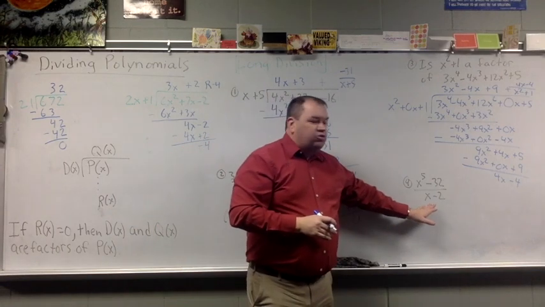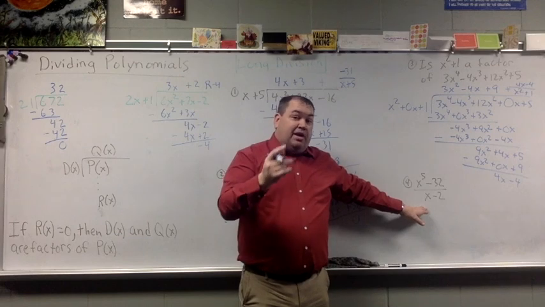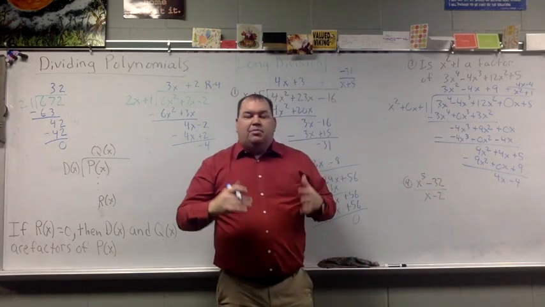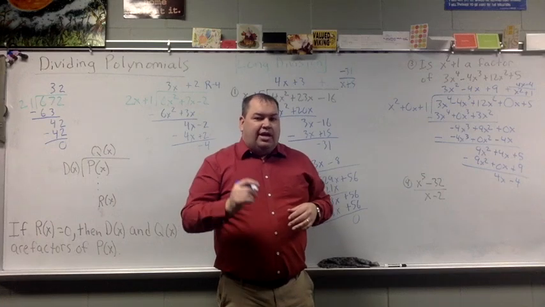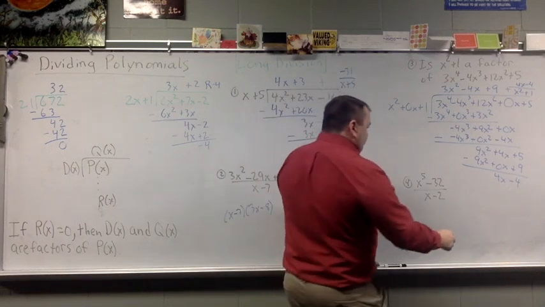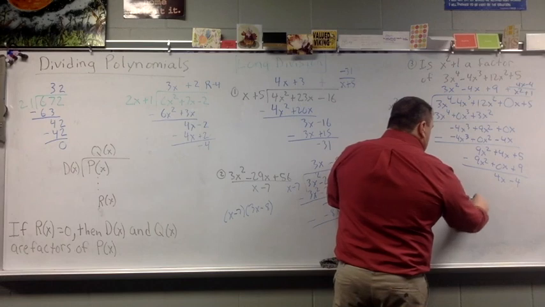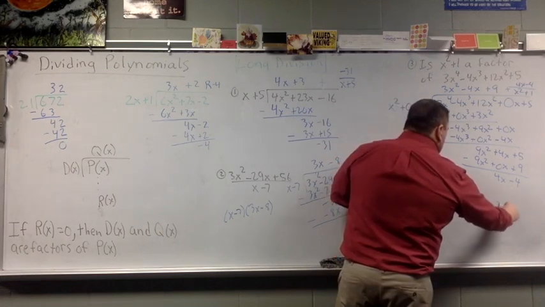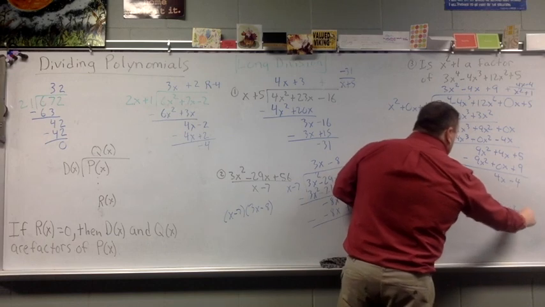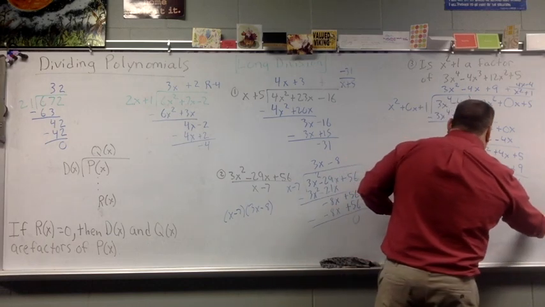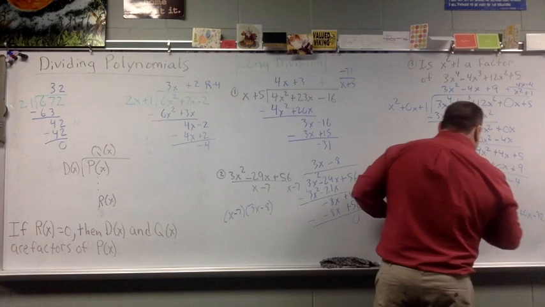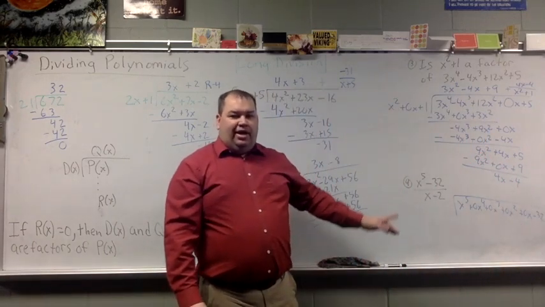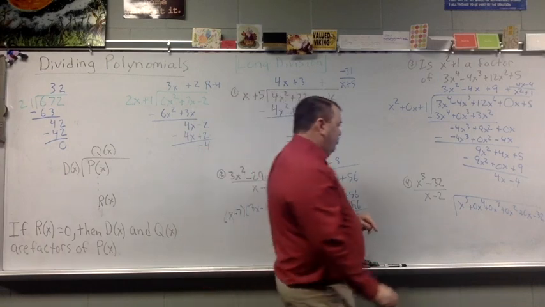This one looks super simple. And there may even be a few of you who are just going to cross out x's and cross out 2's, but that's not what they're asking here. If I put in all my placeholders, x to the 5th, x to the 4th, x cubed, x squared, linear, then the constant, this is actually a really long problem. And I'm pretty sure I didn't leave myself enough room.